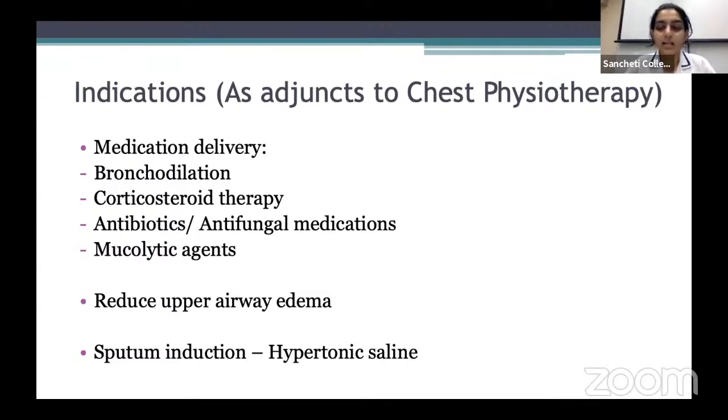It means that with the use of hypertonic saline, I am causing some amount of irritation in the respiratory tract, which generates more sputum. This is generally used in patients for investigation purposes, or in patients in whom we want to aid or assist in removal of retained secretions.